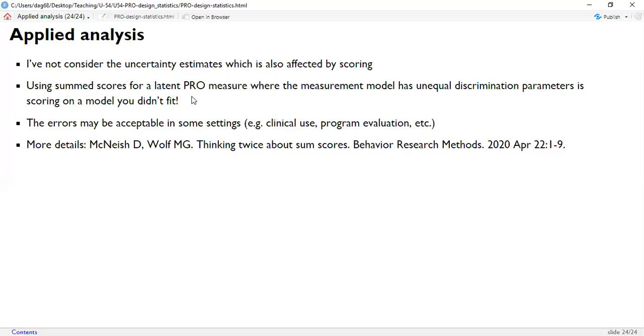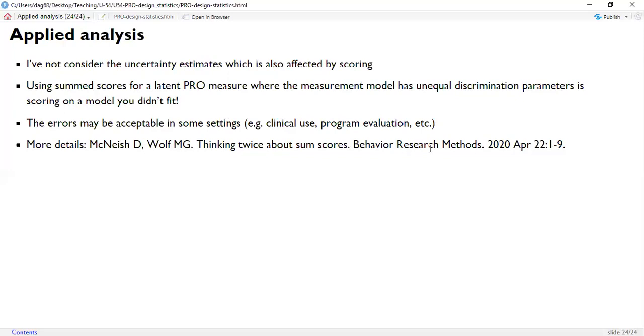But it might be acceptable in some settings. For example, in clinical use, if you're just going to screen patients to see where they need more education, some error there might be perfectly reasonable and okay, because you're identifying people who need the interventions, and their actual unbiased estimate of the latent knowledge might not be as important.